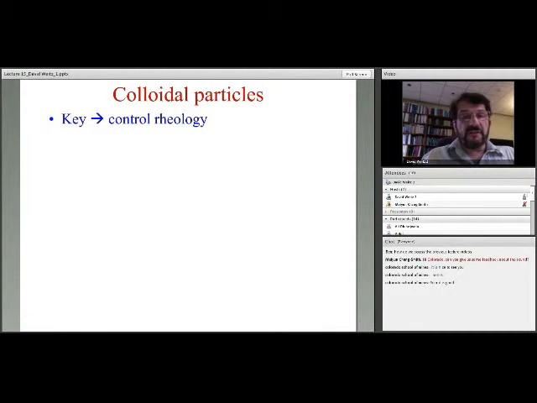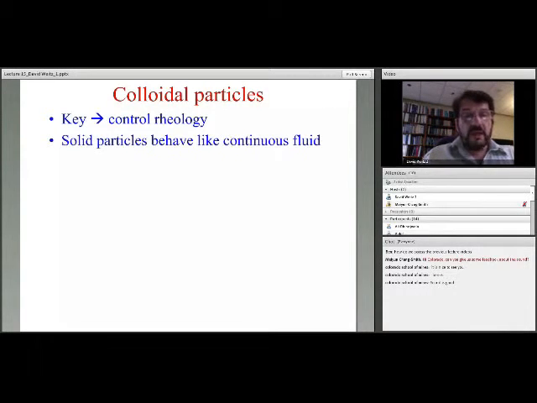Half the volume can be filled with the colloidal particles, that is, filled with a solid. Nevertheless, the system will actually flow as if it's a liquid, because the other half, the liquid half, really is what sets the control of the flow. And so it's the control of the rheology that gives colloidal particles their most important use technologically. So they behave like a solid in a continuous fluid.